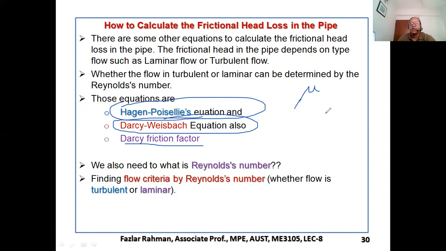Then the type of flow: is it a turbulent flow or a laminar flow? The other thing is how much surface finishing there is in the pipe, that means the friction at the wall surface. So these three properties matter.